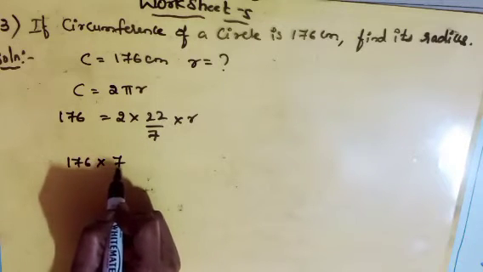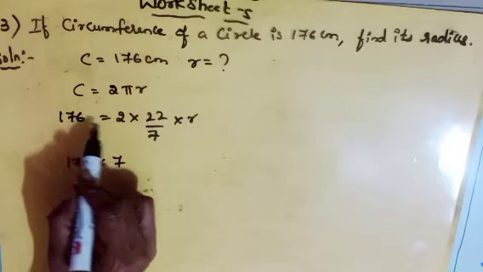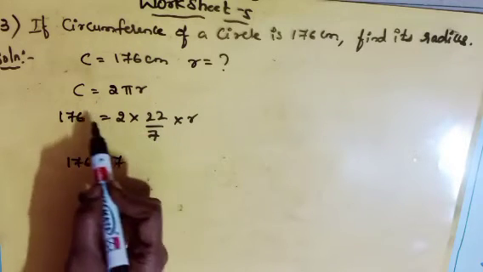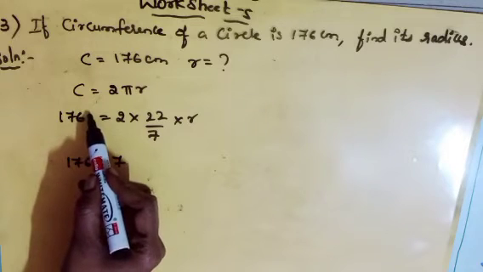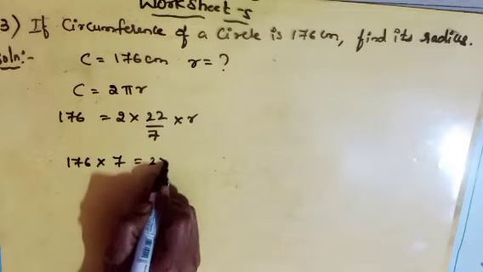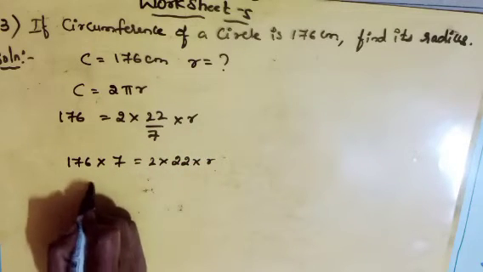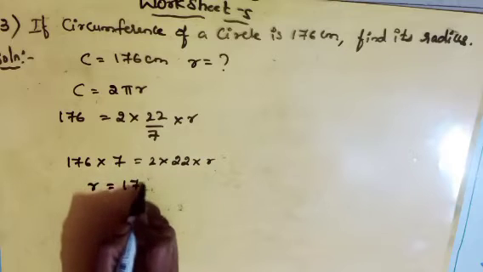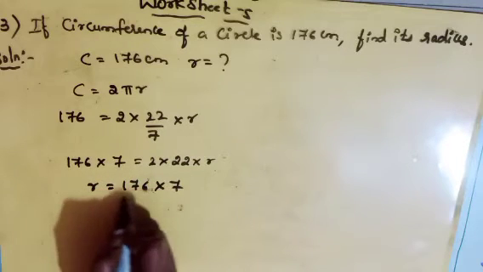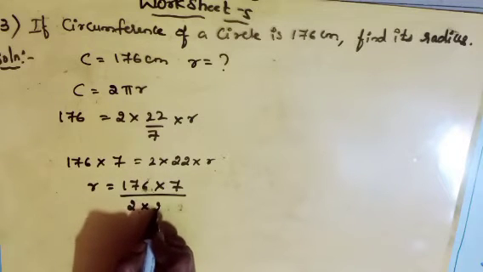When denominator 7 comes to the left side, it goes to the numerator. That is 176 into 7 equals 2 into 22 into r. Next r equals 176 into 7 divided by 2 into 22, which goes to the denominator.